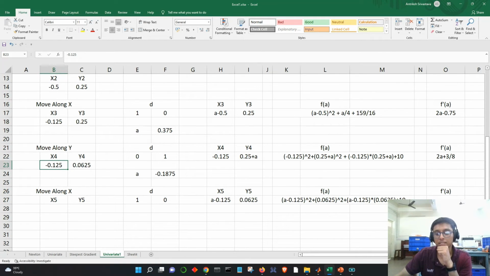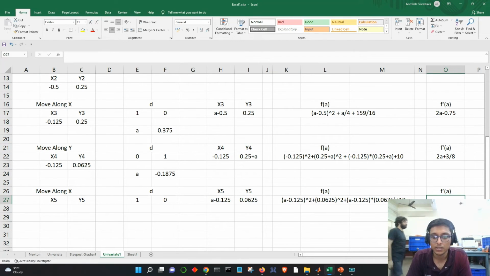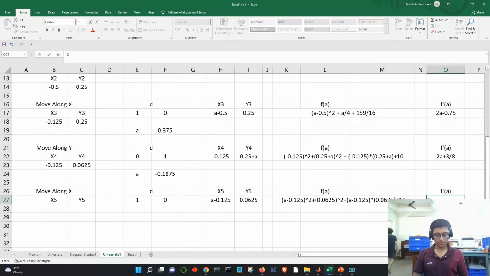So if you are getting something like 2a plus something, that means the a that you will get after solving will be negative. So you can kind of have a cross check. So probably you should get something like this.